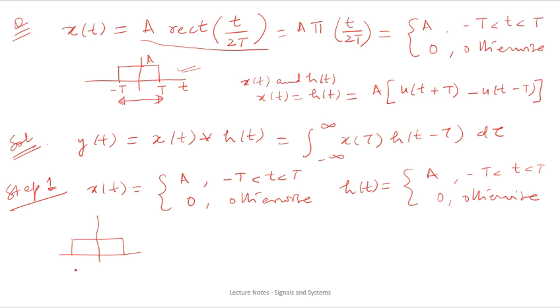This is x(t) from minus T to T with amplitude A, and h(t) will also have the same variation, from minus T to T.